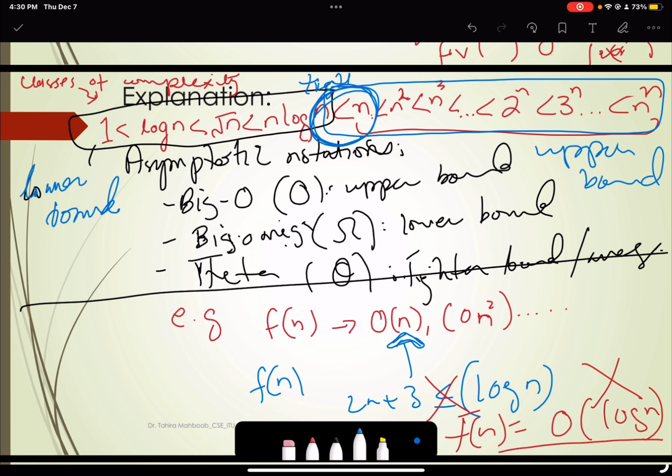So all functions below your n become your lower bound. All functions above your n become your upper bound, and n lies on the tight bound. So all bounds that are greater than your value n are true but they are not useful.